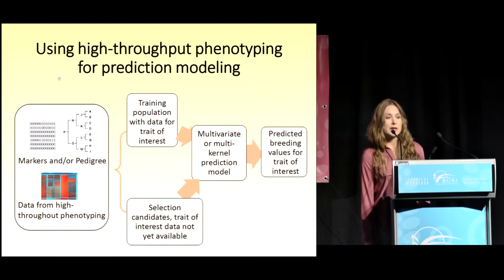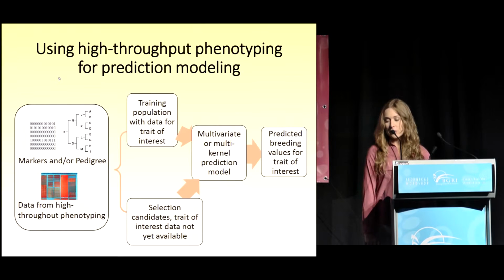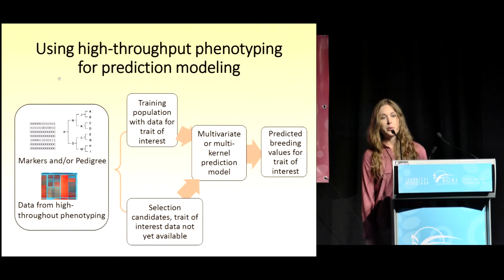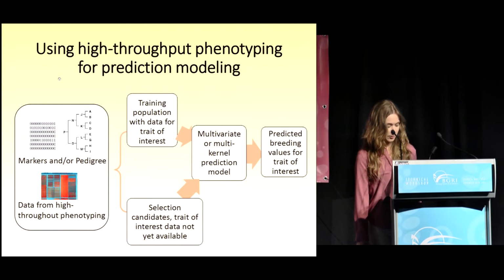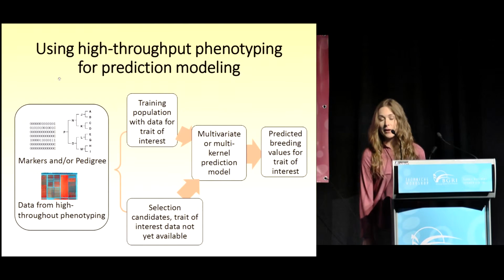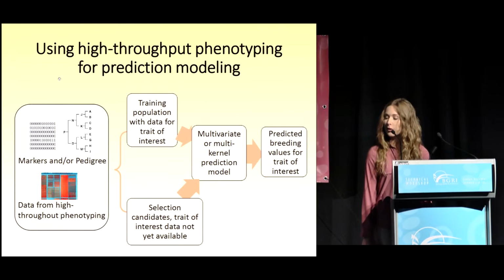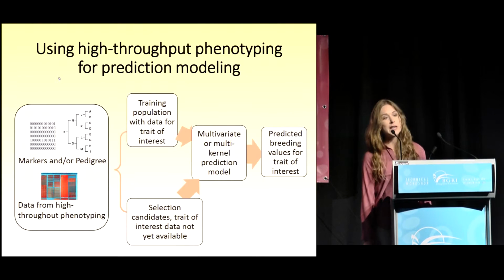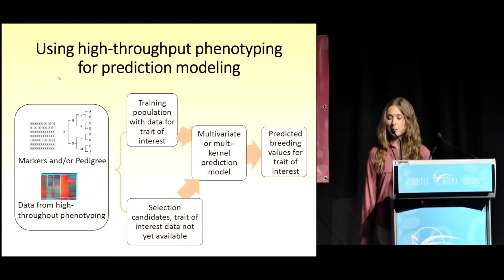So this is just a concept of how we can be using high throughput phenotypic data for prediction, and it looks very similar to how we would use it for GS. We have a training population, and we have selection candidates. The training set has phenotypic data for our traits of interest, whereas the selection candidates do not. But all of the lines, both the training and the selection candidates, have high throughput phenotypic data.